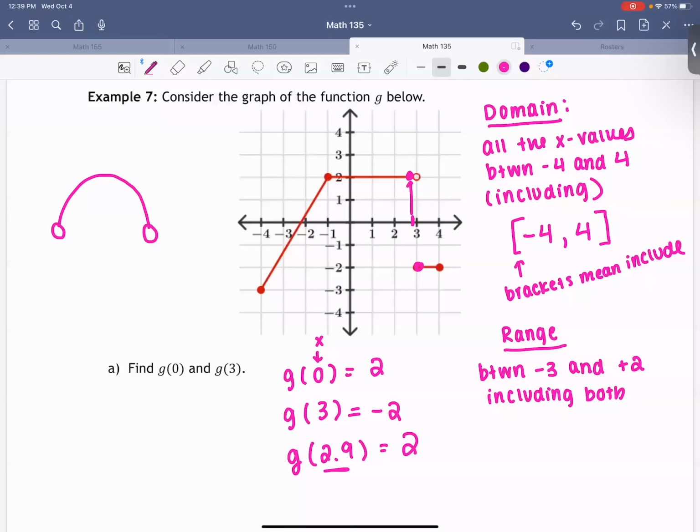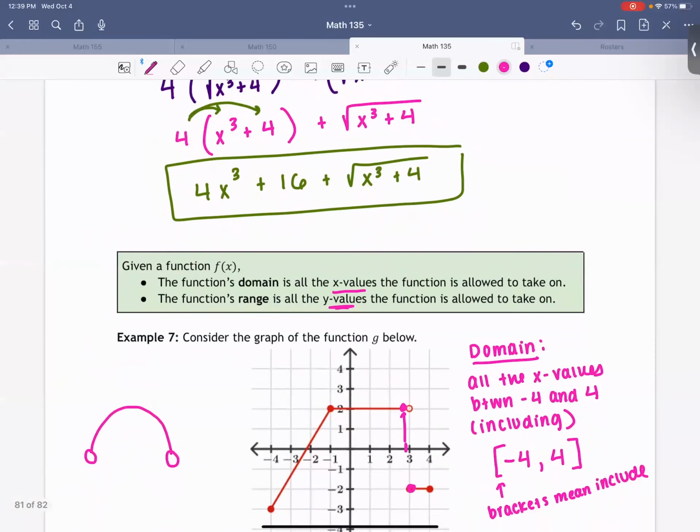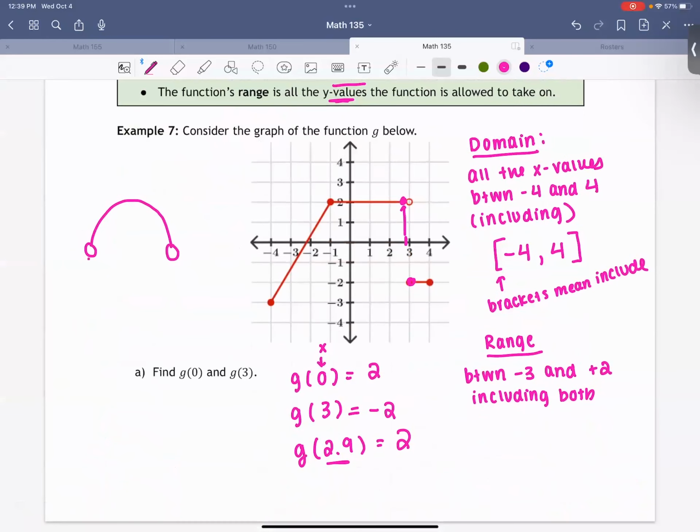Yes, that's how it would look. But we're not going to deal with that yet. That's a little too complicated.